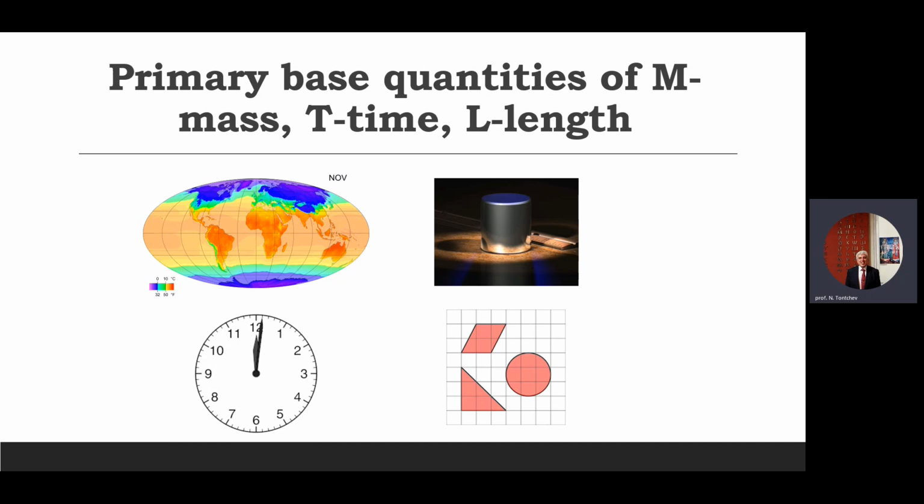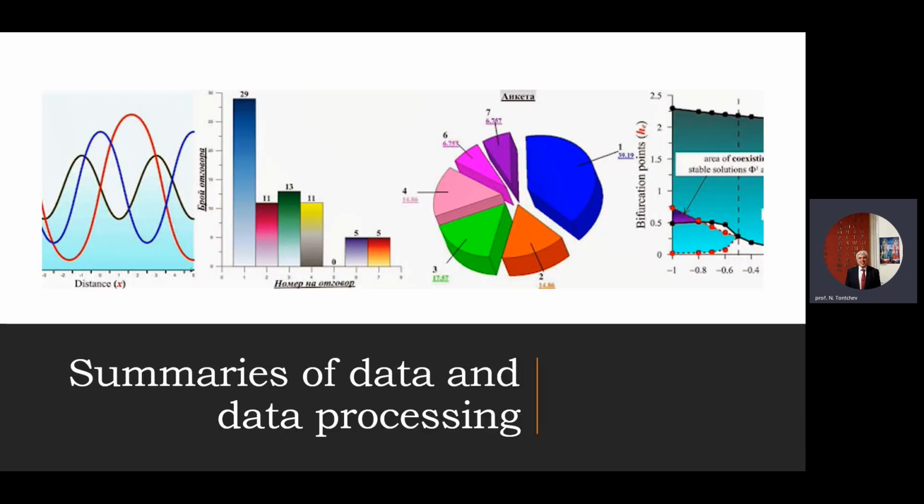Dynamic similarity, on the other hand, involves scaling all the forces so that their ratios are equal between the model and the prototype. Similarity is established when all three conditions for similarity described above are specified and met. However, in practice, it is often impossible to satisfy all similarity requirements simultaneously.